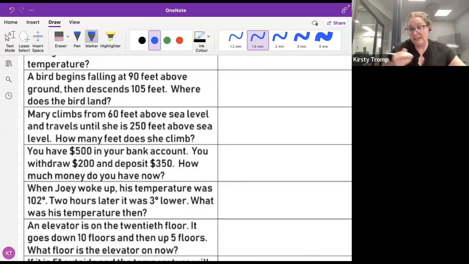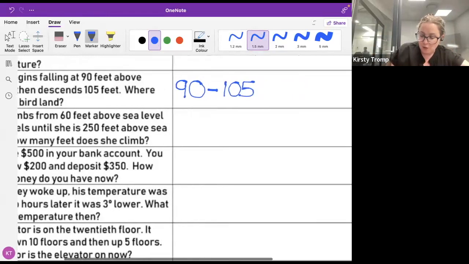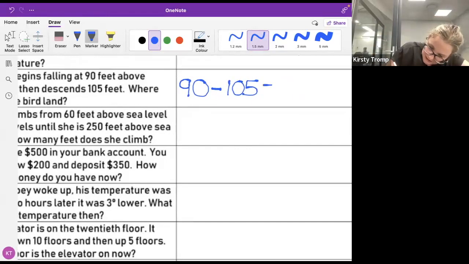So let's do how they would want us to do the number sum. They would say, the bird begins falling at 90 feet above the ground. So he's 90 feet above the ground, and he descends, so he moves minus 105. He descends 105 feet. Where does he land?